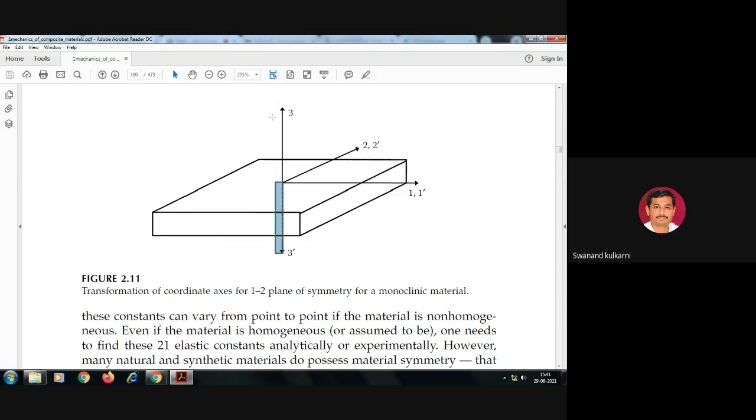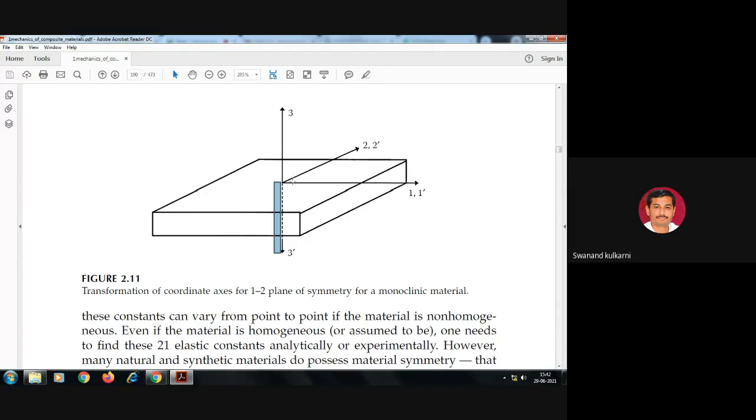This is one plane of symmetry. For this, the material properties remain the same. So see these two directions: first direction upward, second direction downward. This we will call a plane of material symmetry here.